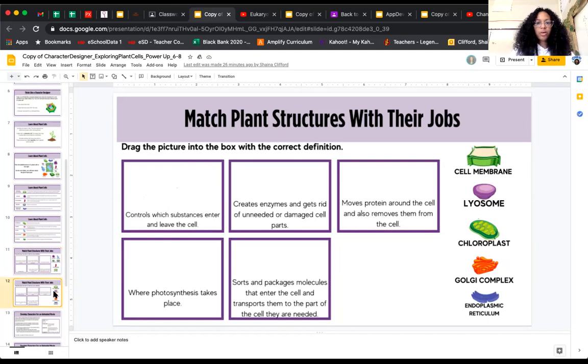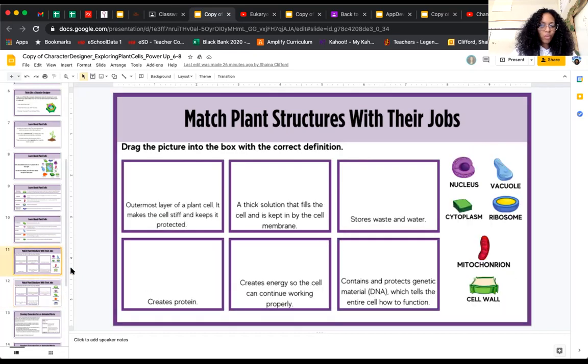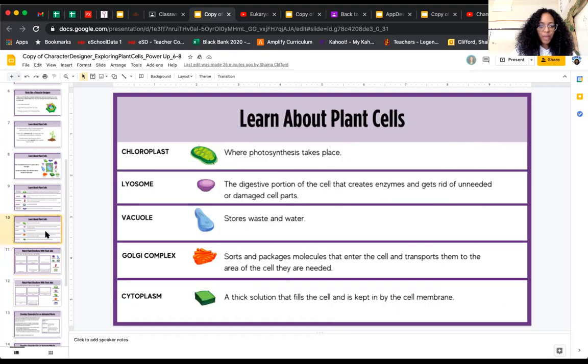So how did it go? Did you figure out where everything goes? All right, let's test you out. What creates protein? Well, if you had to go back and check, you're looking for information.